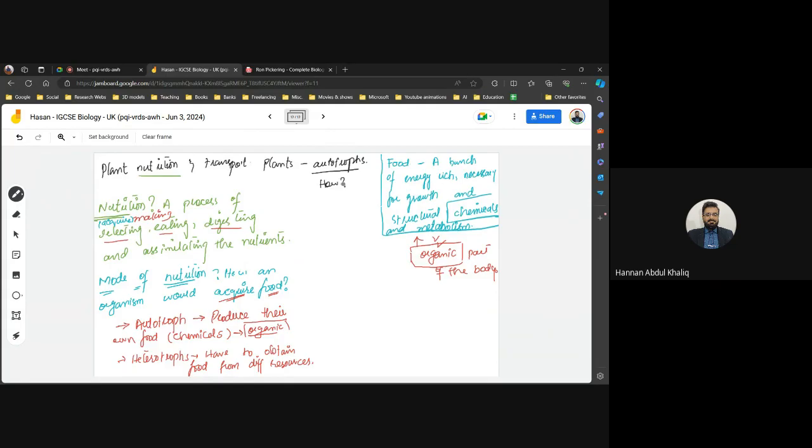They gather the low energy inorganic compounds and convert them to high energy organic compounds.